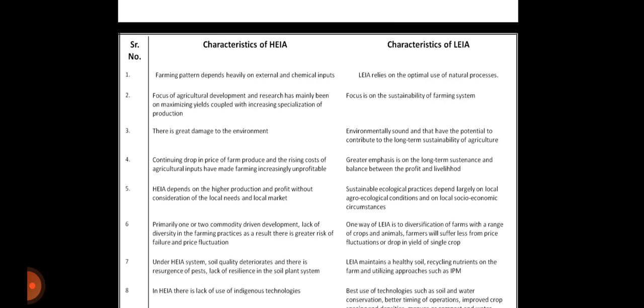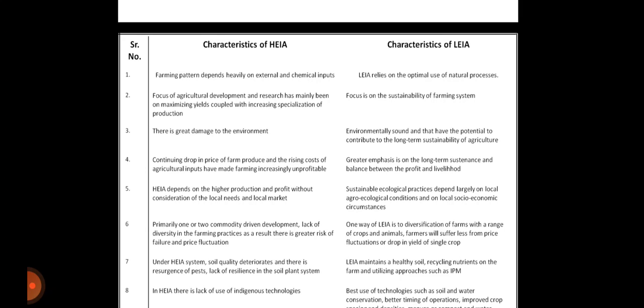Third point, in HEIA there is great damage to the environment. In low external input agriculture, it is environmentally sound and has the potential to contribute to long-term sustainability of agriculture.